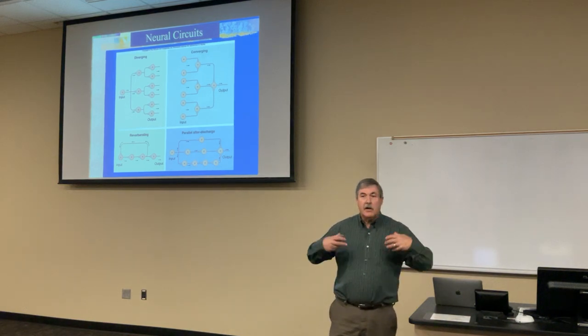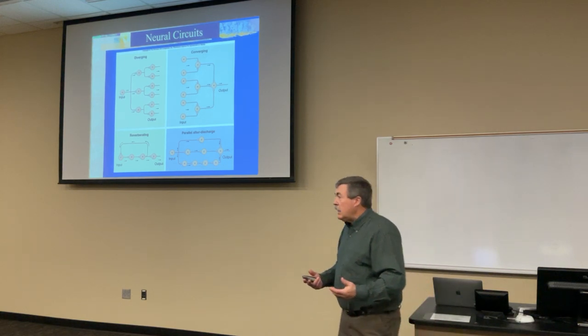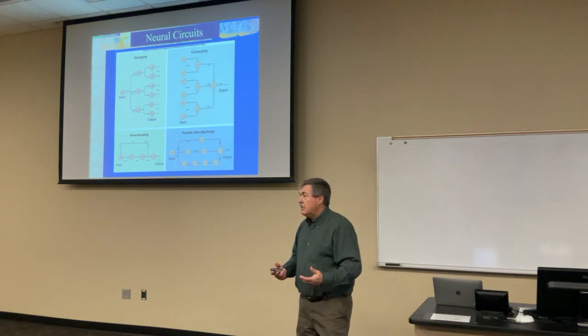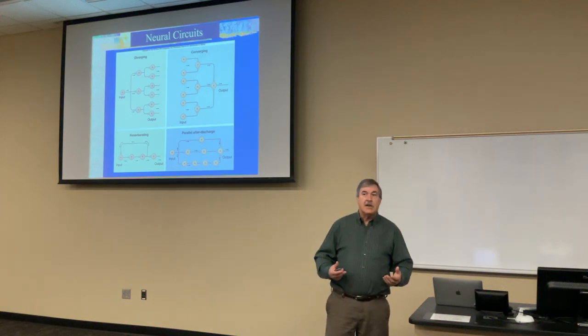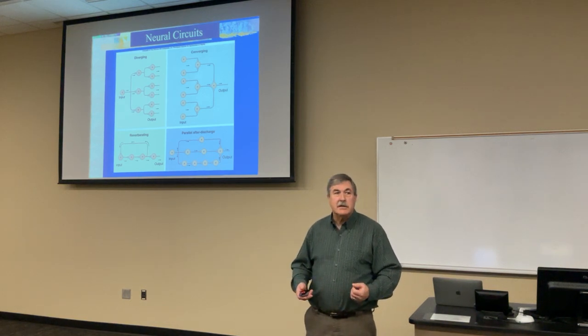So in our brain, we have trillions of neurons, and each neuron can form 40,000 synapses. So it's not surprising that our brain can do so many amazing things.